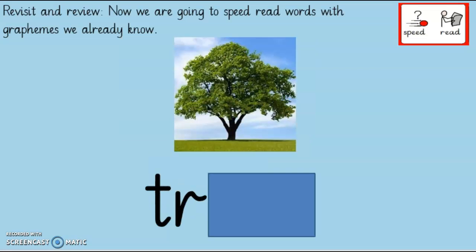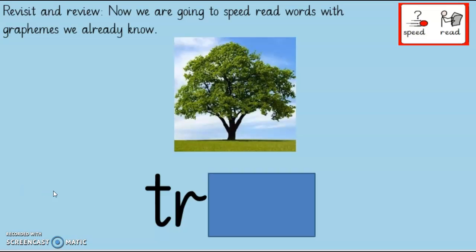Have a look at the picture now. It's a picture of a tree. Have a look at the word. Which sound do you think is missing this time? Is it at the beginning or the end? That's right, it's at the end. So when we say the word tree, we need to listen to the sound at the end. Tree.